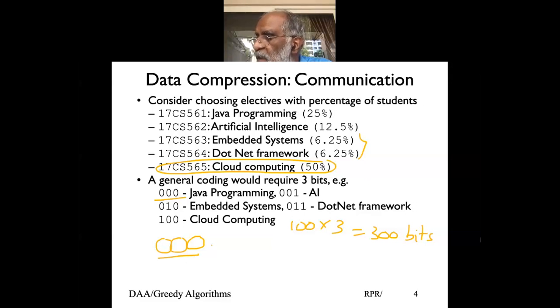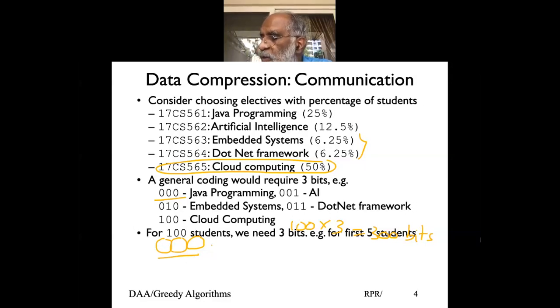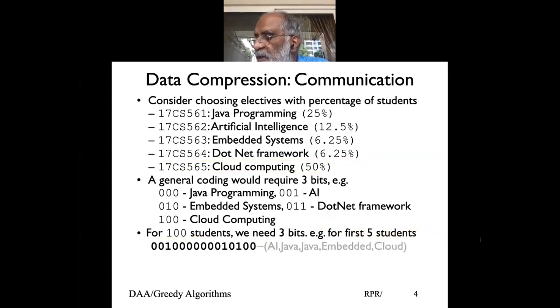So in this case, let's look at 100 students where each takes 3 bits, and as an example, the encoding for the first 5 students would be: first student 0, 0, 1; second student 0, 0, 0; third student 0, 0, 0; fourth student 0, 1, 0; and fifth student 1, 0, 0. Now we need to decode it.